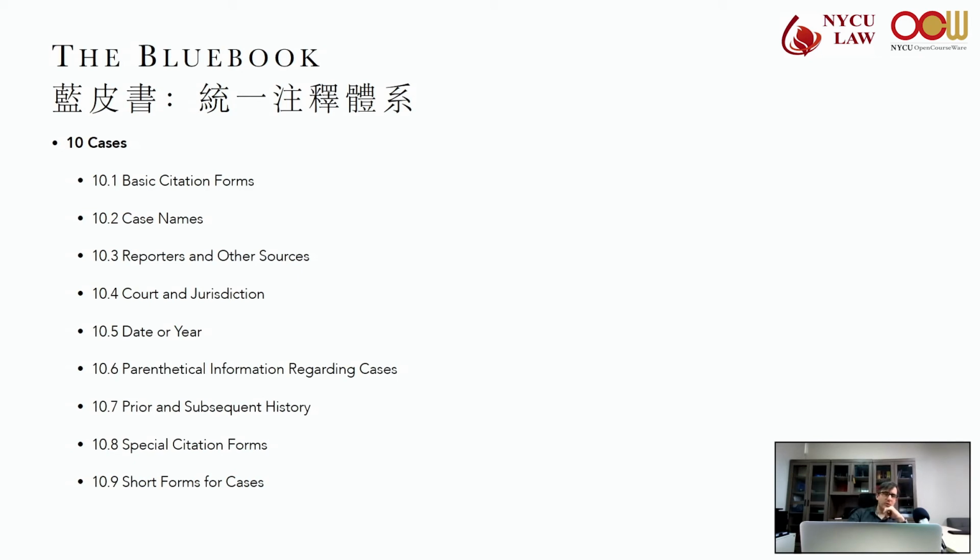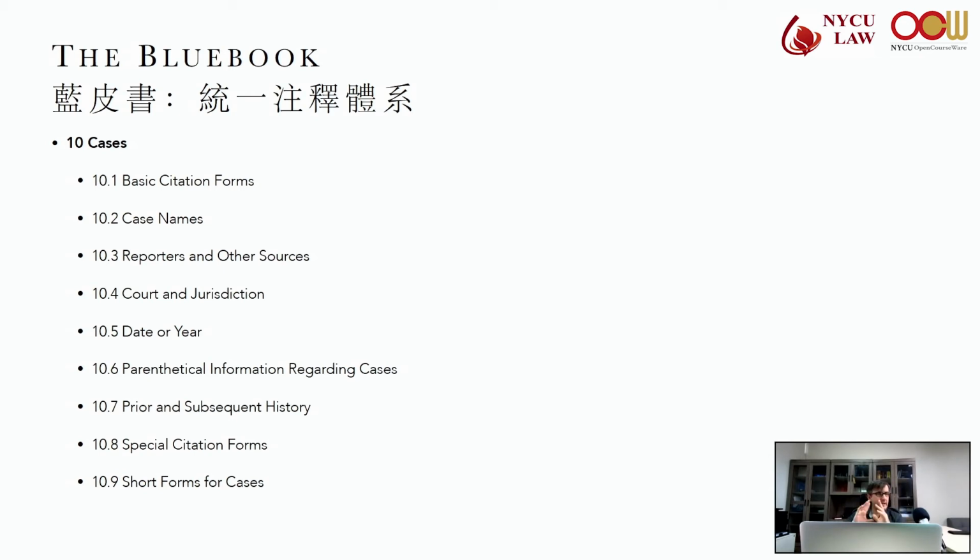So Rule 10.7.1, explanatory phrases and weight of authority. We have a list in Table 10.8 of explanatory phrases. This will include phrases like amended by, affirmed, argued, cert denied, cert dismissed, those sorts of explanatory phrases.